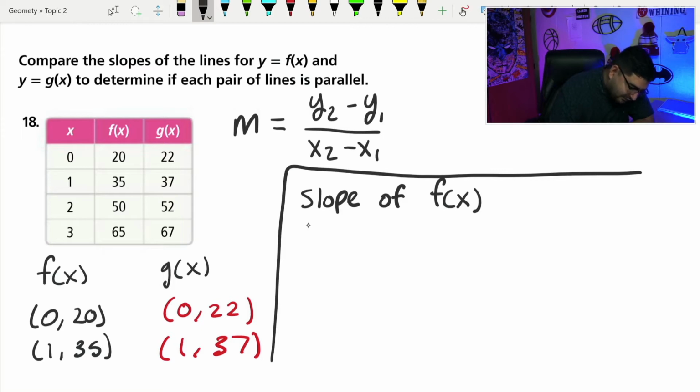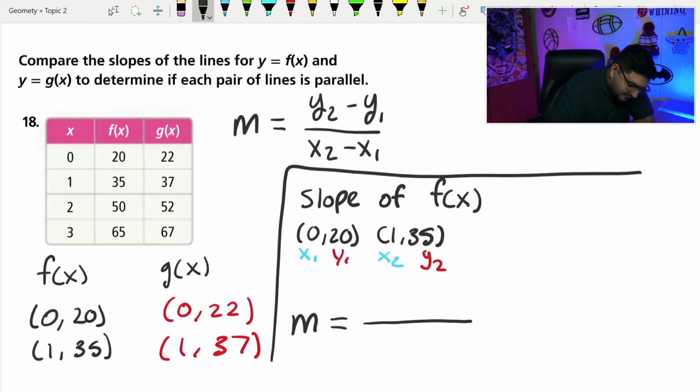So if my points are 0, 20 and 1, 35, then here are my x's, x1, x2, here's y1, y2. We're going to plug that into our formula. So at the top, I should have y2 minus y1, which would be 35 minus 20.